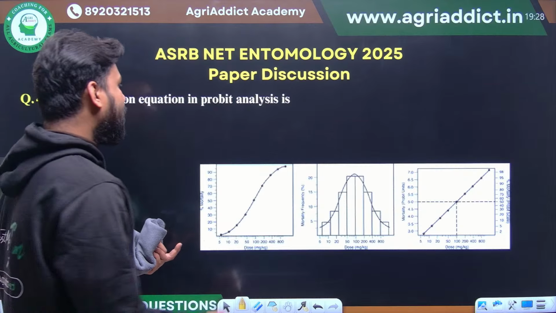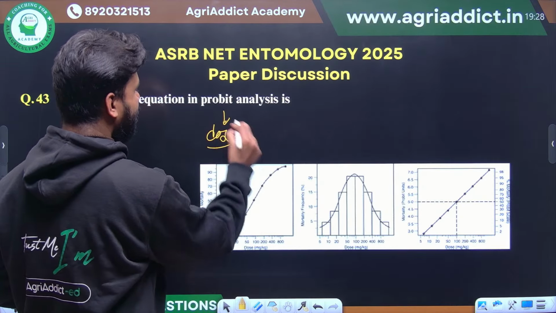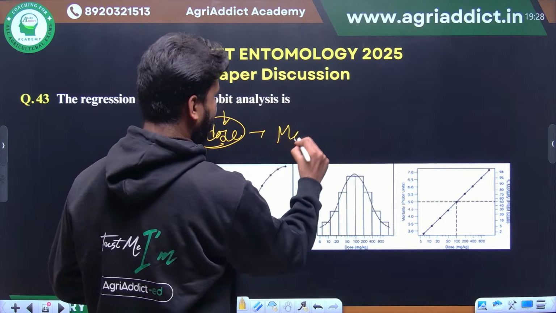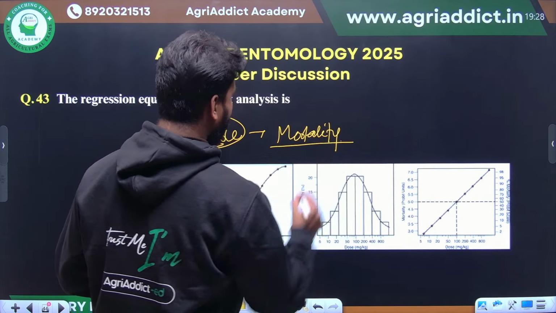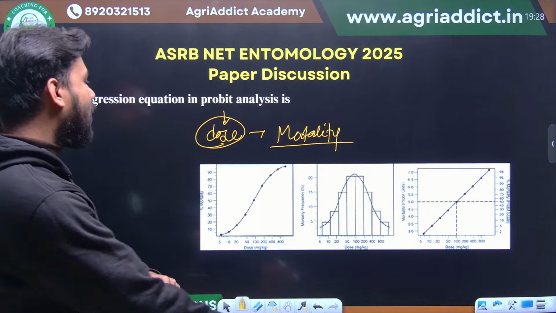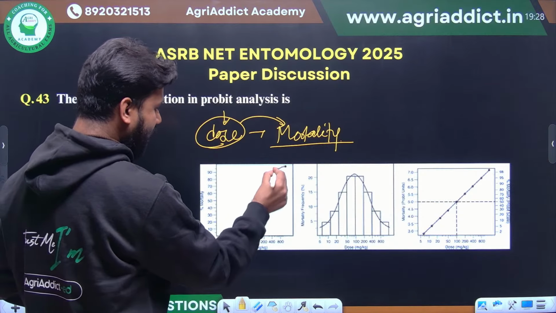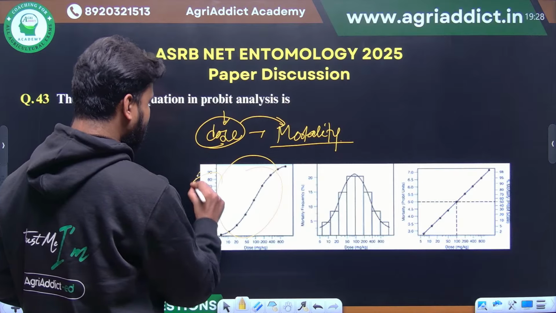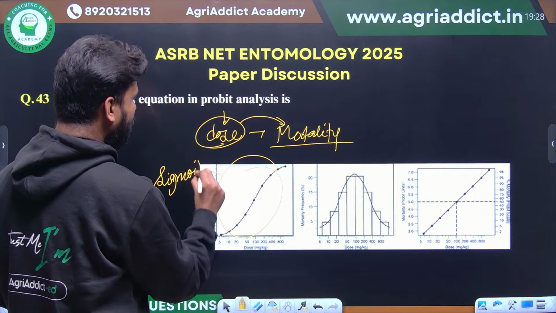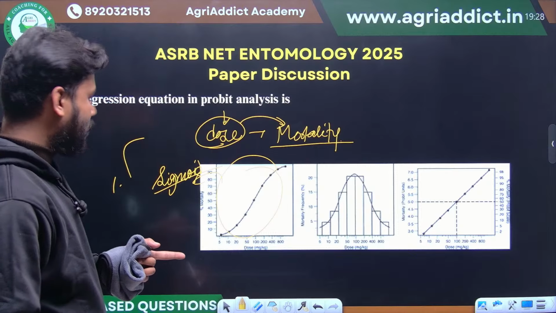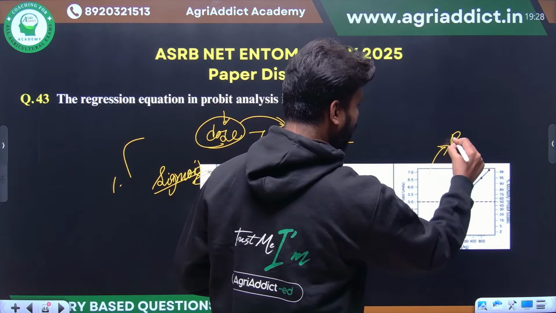So here we take the dose of the chemical and we check the response as mortality. If we plot the graph with normal observations, the graph will be S-shaped. This is a sigmoid curve.